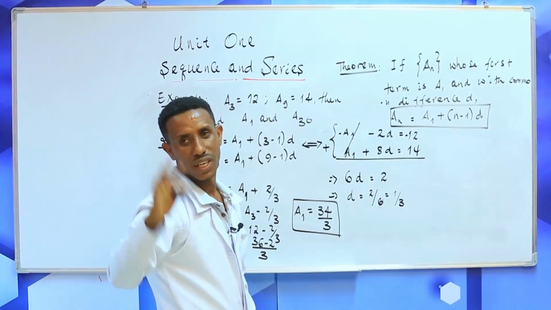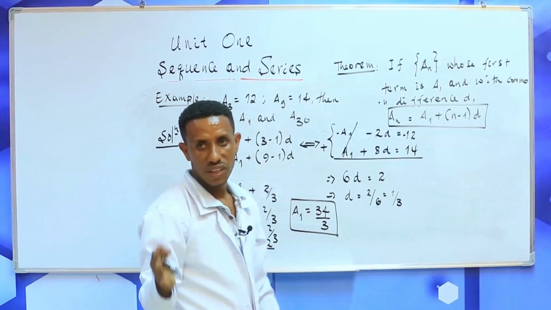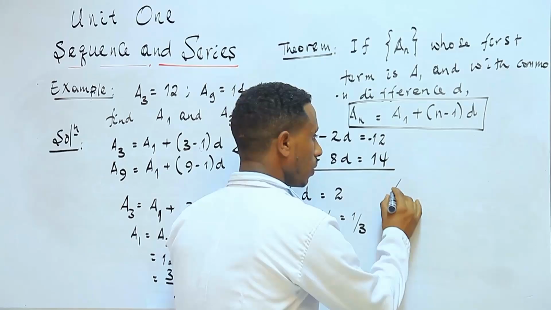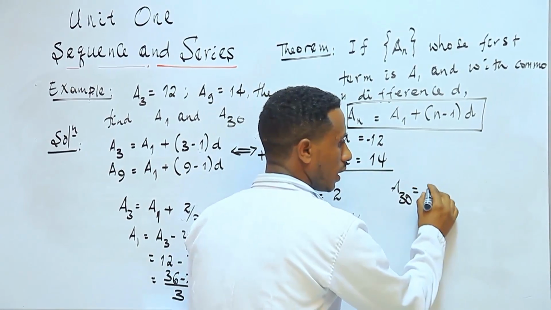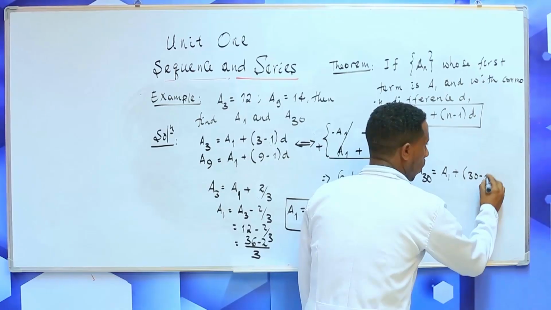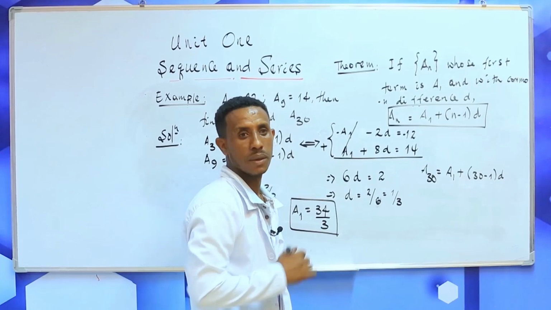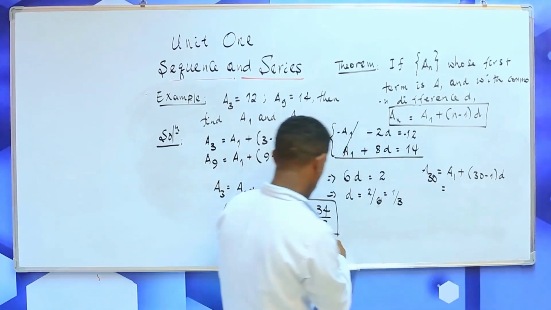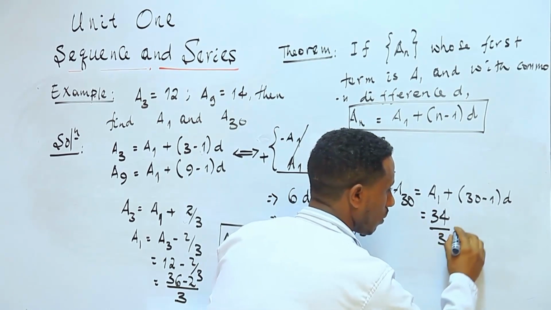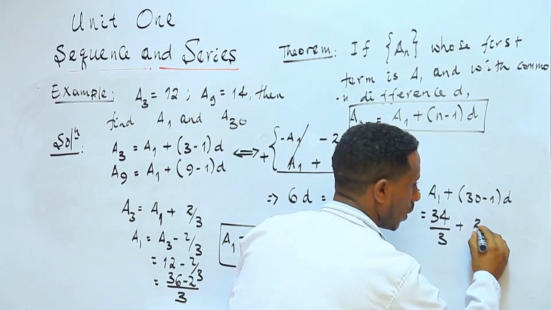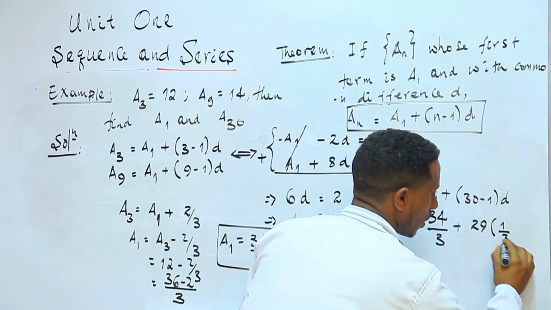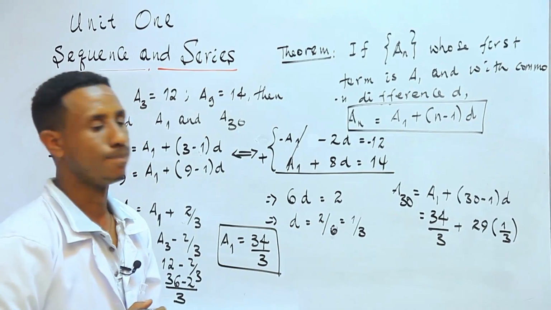It's so simple to compute any term of the sequence if the common difference is known and the first term is known. So, what's A30? A30 is A1 plus 30 minus 1 times D. We know what A1 is: 34/3 plus 29 times 1/3, because our D is 1/3.